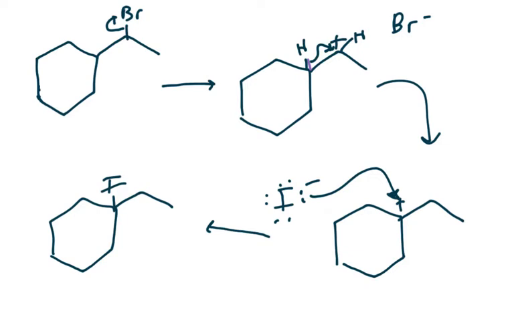You never end up with a stereoisomer, like all R or all S of this carbon that we made positive. Maybe other carbons on this compound are going to have stereoisomers, but this one is now always going to be a racemic mixture if it's chiral, the one that got attacked.